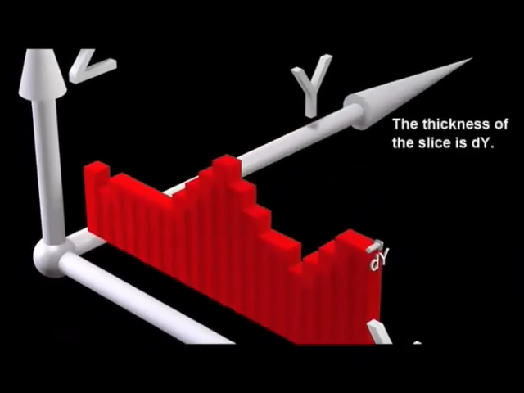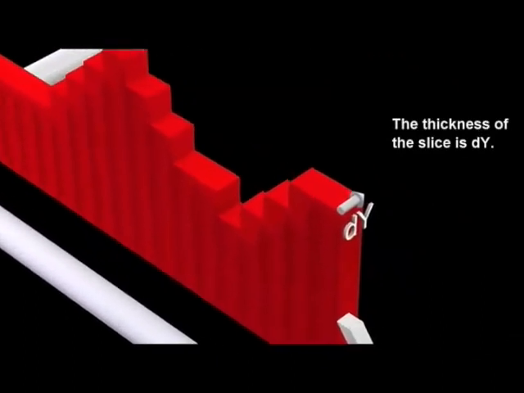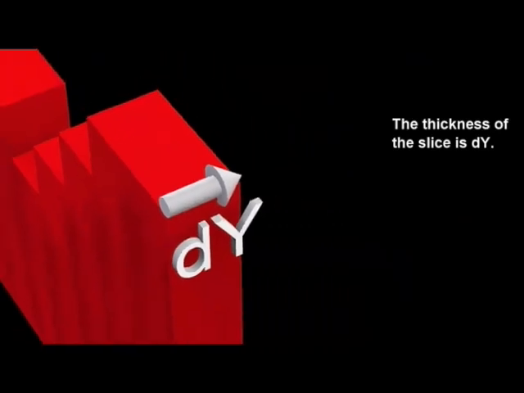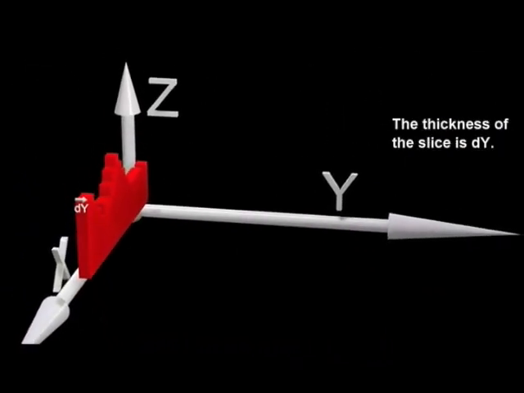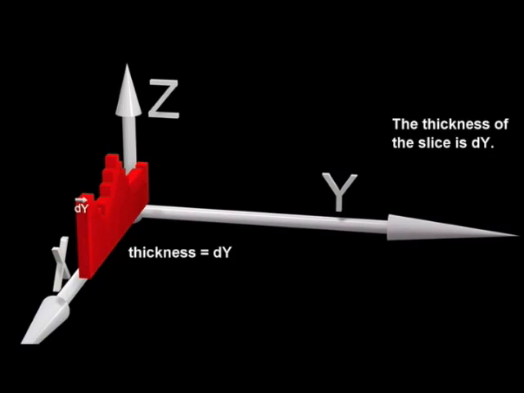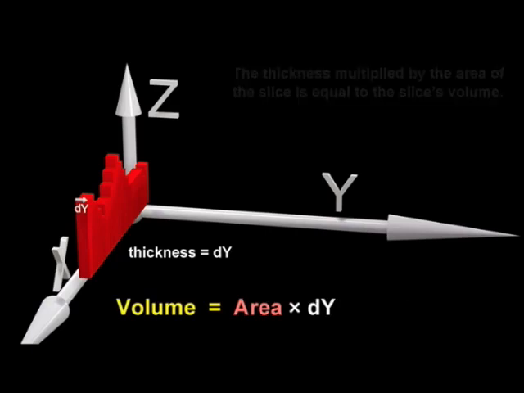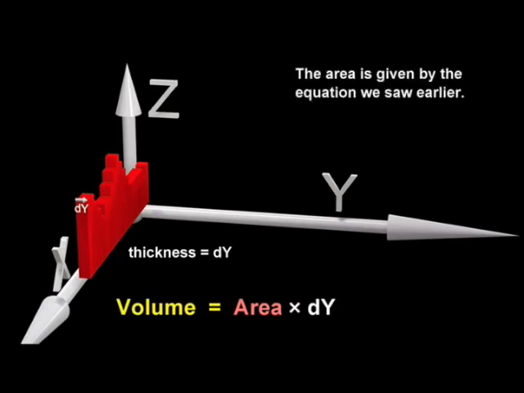The thickness of the slice is dy. The thickness multiplied by the area of the slice is equal to the slice's volume. The area is given by the equation we saw earlier.